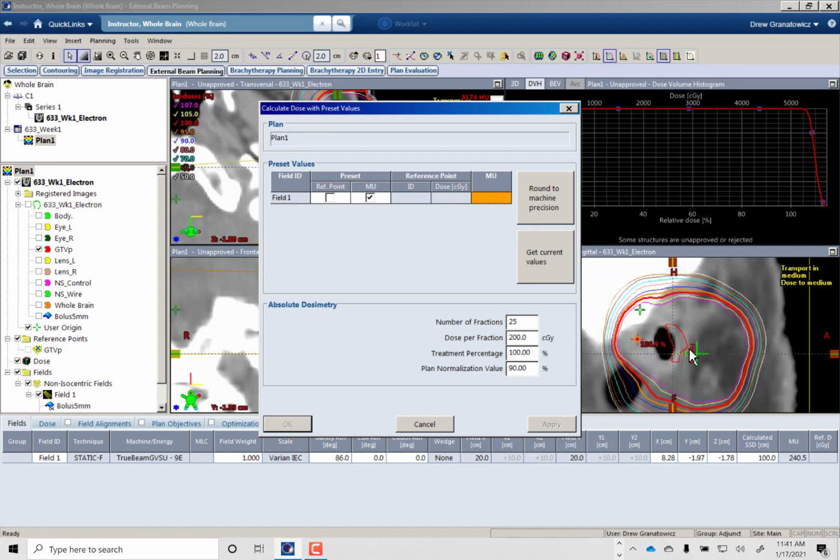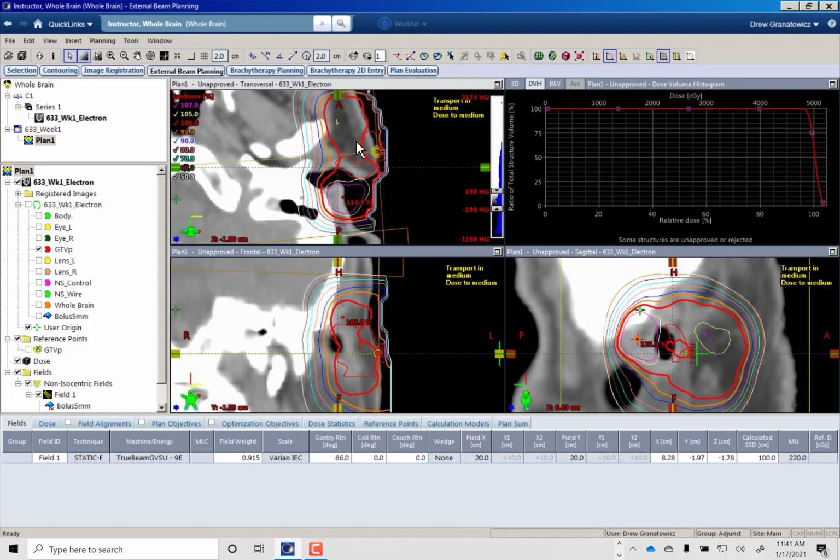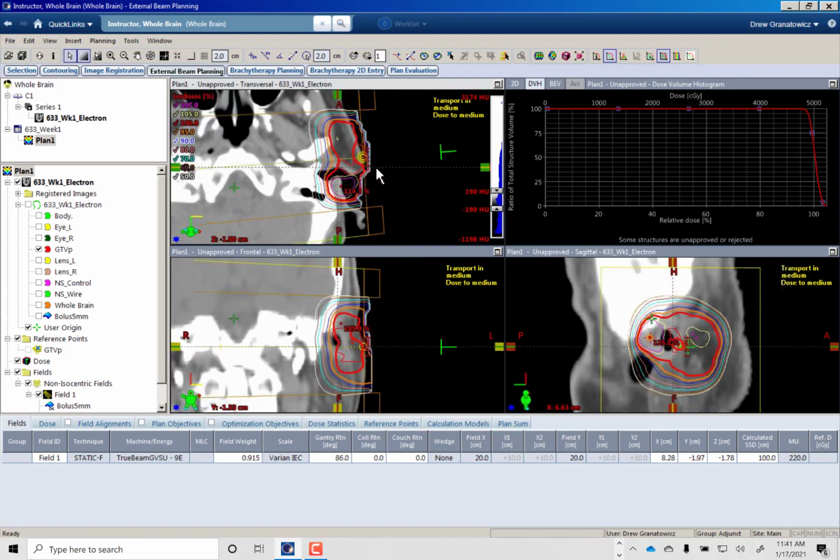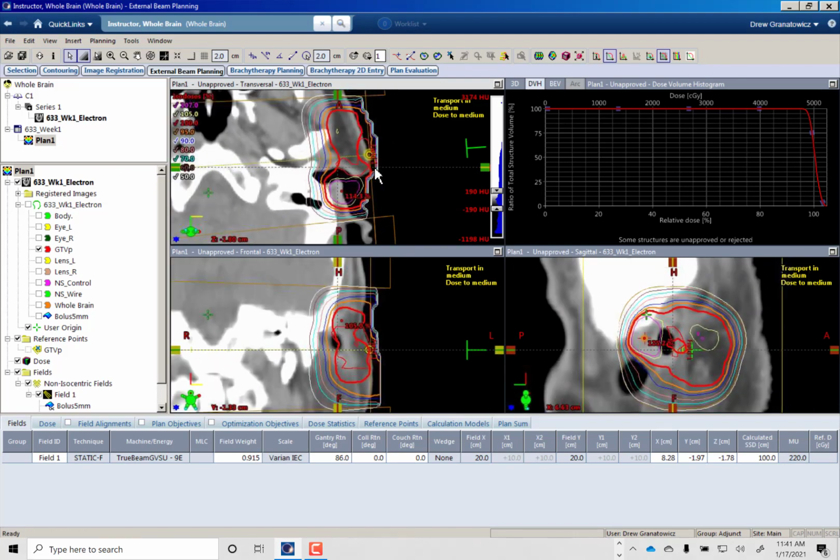Don't know why that is orange, but anyways, let's pretend Radcalc says for this situation our monitor units should be 220. Okay, you can just type 220 in there and bam, it's going to adjust the plan to be at 220. And then that can be our starting point.